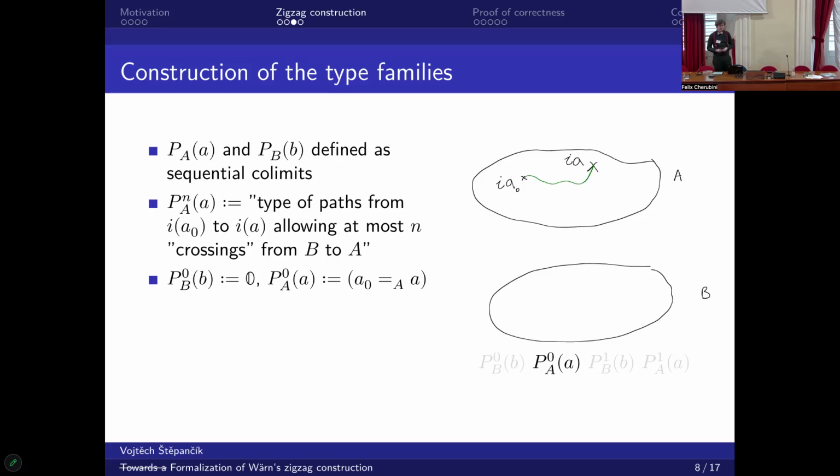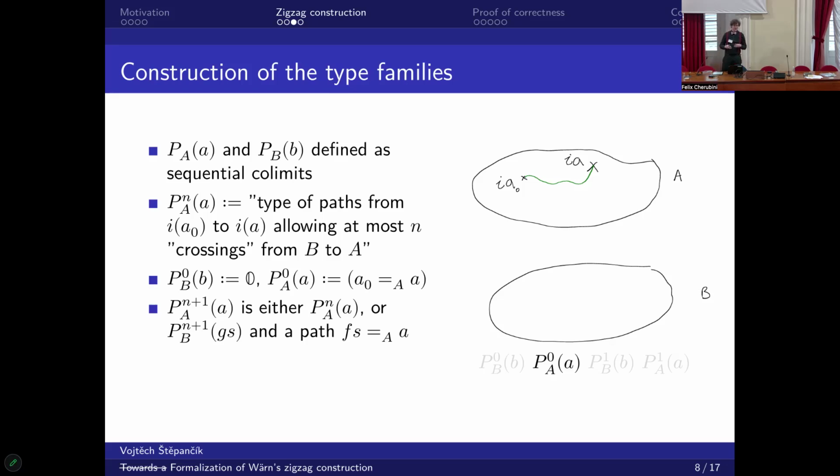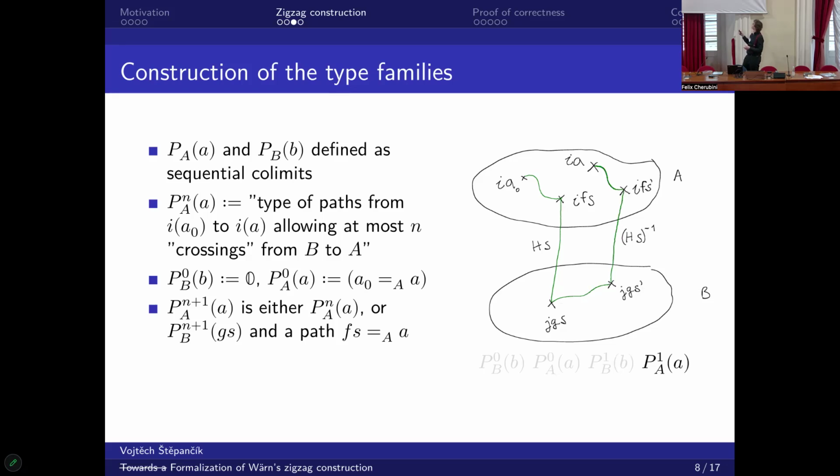And to get from some point in A to some point in A without crossing is just taking the path space of A itself. And then we move on to the next stages, where we say that a path with at most n+1 crossings is either a path with at most n crossings, or it's a path with n+1 crossings into the other component, and then we concatenate a path back to our destination.